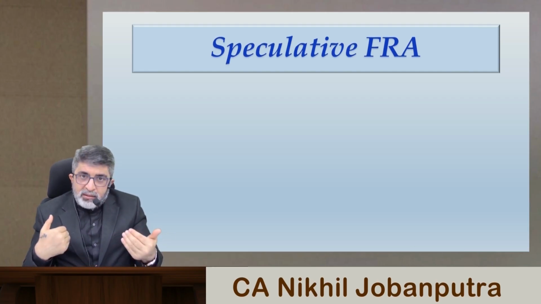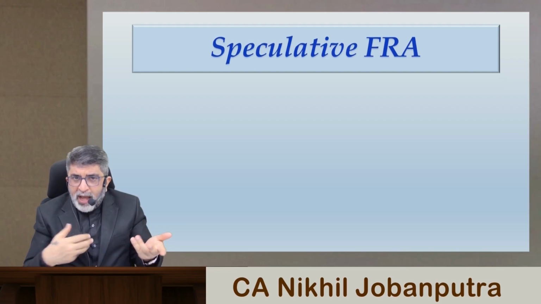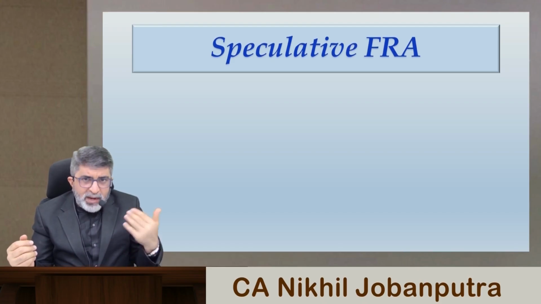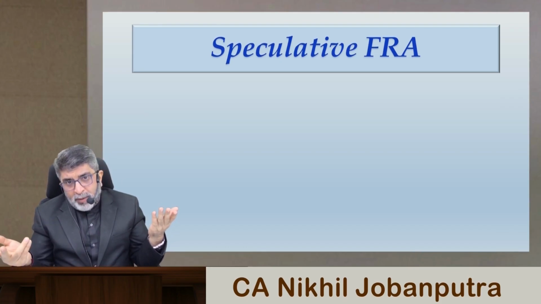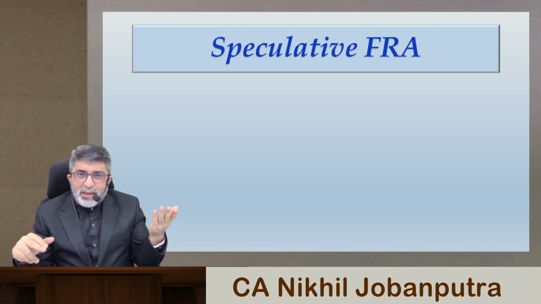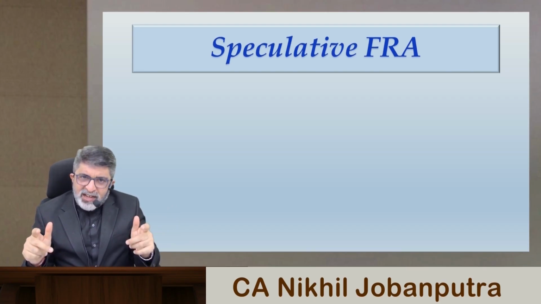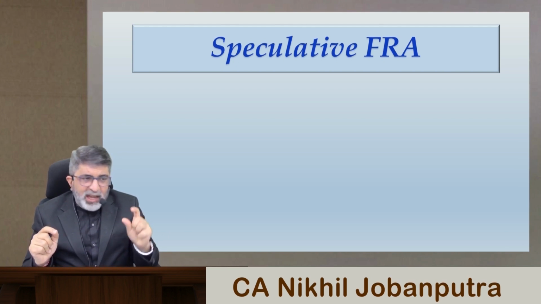Now, actually, when it is a speculative FRA, you don't want to actually borrow or lend money. The two parties, one having an expectation that the interest rates will go up, another counterparty having the sentiments the other way, enter into FRA with an understanding that they will settle the difference at the fixation date.